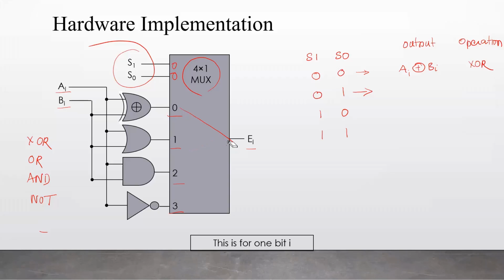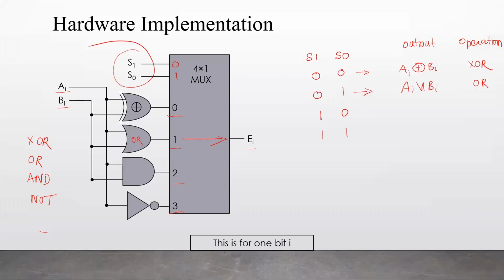And the second case, when it is 0 and 1, the input gets selected as 1. This 1 will be directed to EI as output, and the operation performed is OR. We have an OR gate, so the operation performed is AI OR BI.